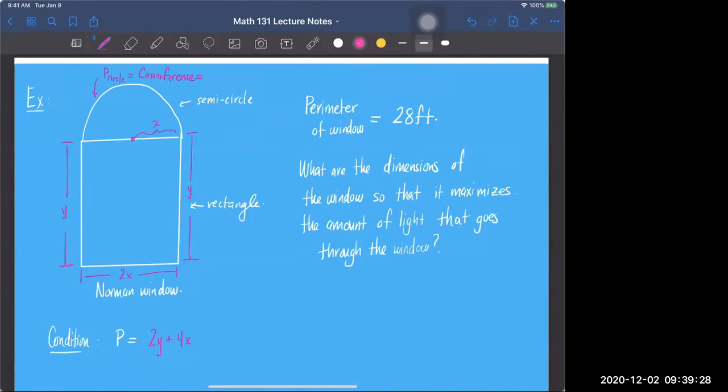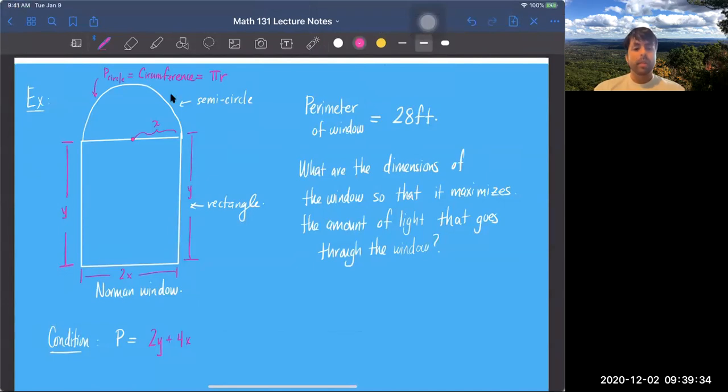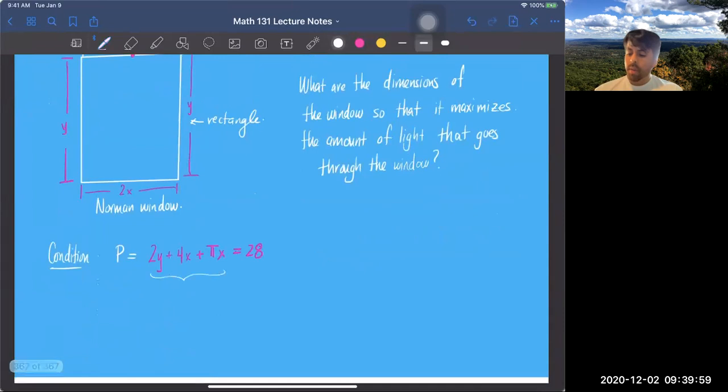It's not 2 pi r, it's pi r. It's half, correct? That's right, Badur. And what's the radius in this case? My radius is x, so this is pi x. The perimeter would be 2y plus 4x plus pi x, and this equals 28. If you want to combine like terms, you would write this as 2y plus (4 plus pi) x equals 28.